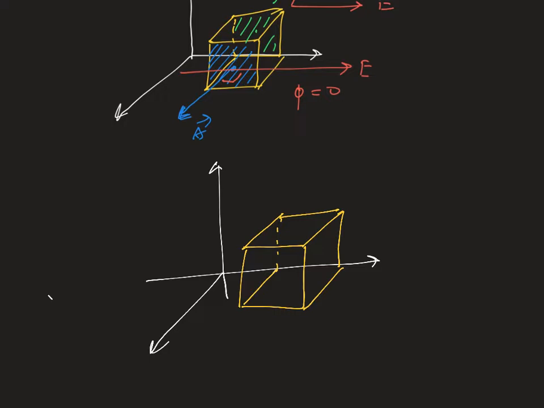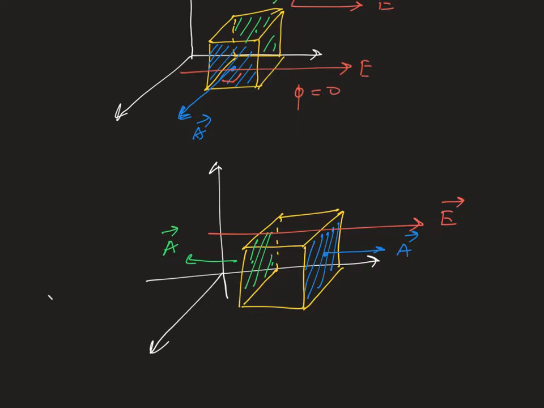So this face, the area vector is along the positive x-axis, and this face, the side face, the area vector is along the negative x-axis, and in both these cases the field line is either parallel or anti-parallel.